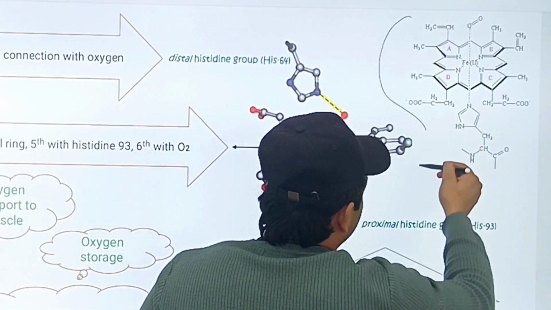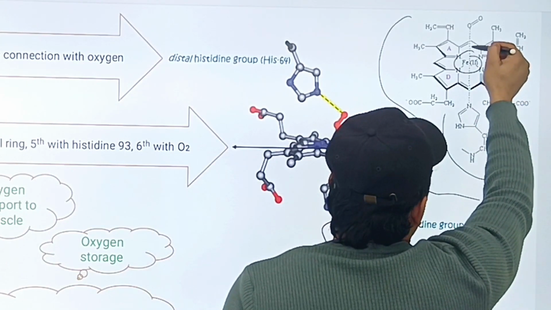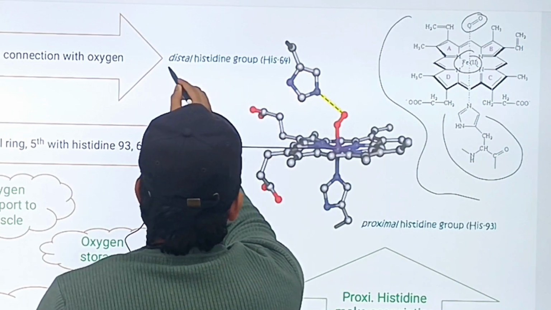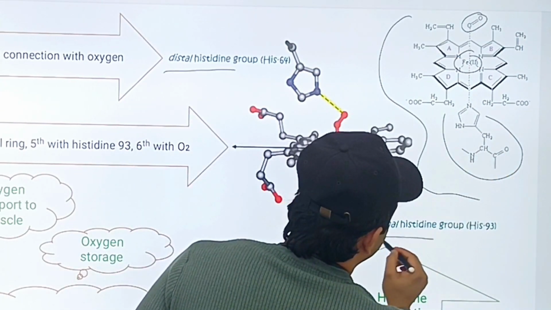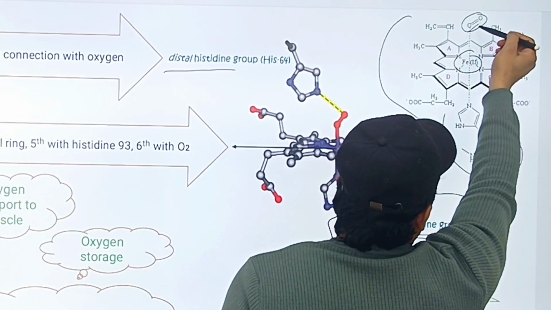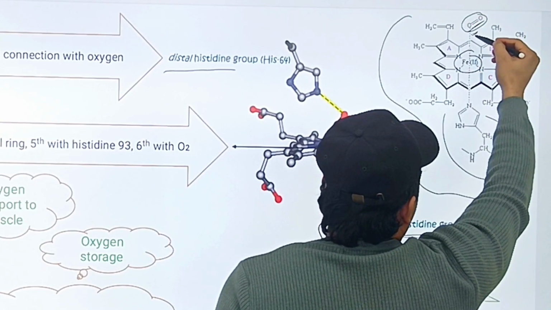In this picture as well, you can understand how the histidine molecule is connected with the iron, and this iron is connected with the oxygen, and this oxygen connects with the distal histidine molecule. If you see here, this proximal histidine is directly connected with the iron, and the iron is directly connected with the oxygen molecule, and this is the sixth connection of the iron.